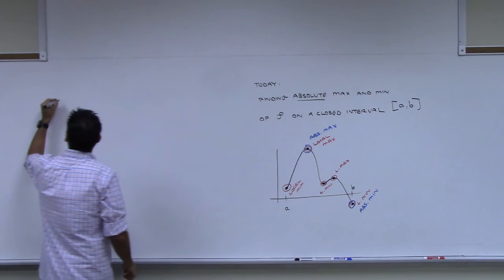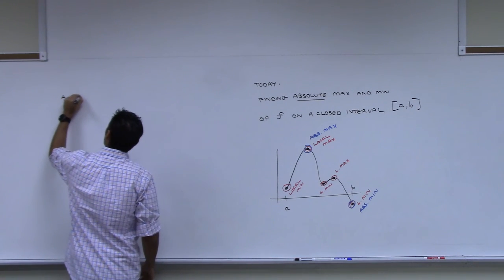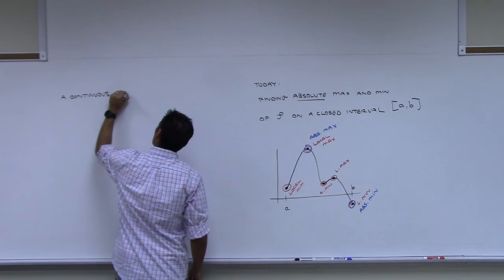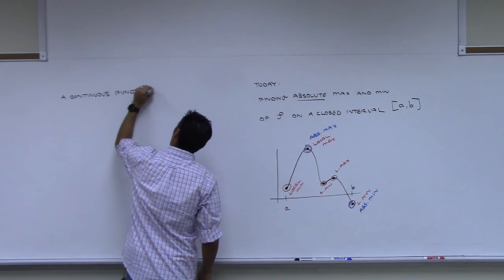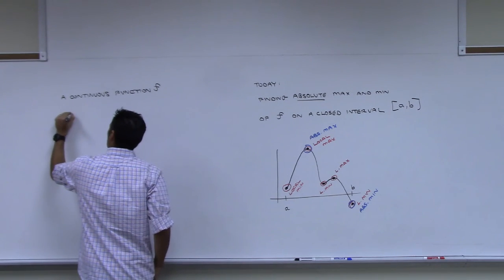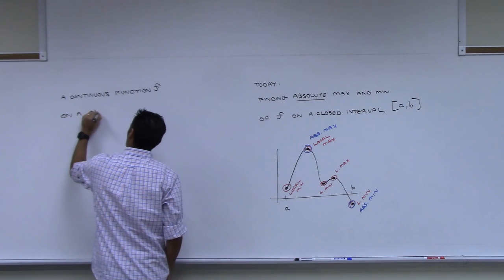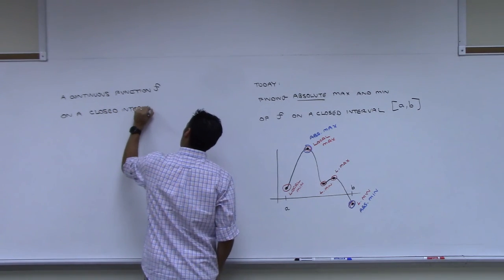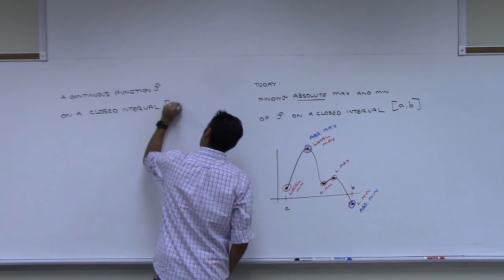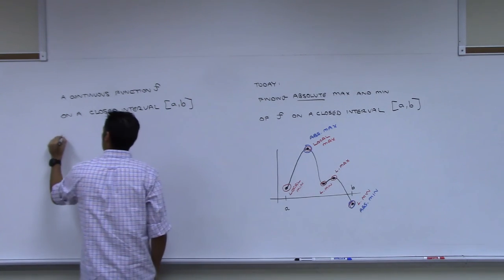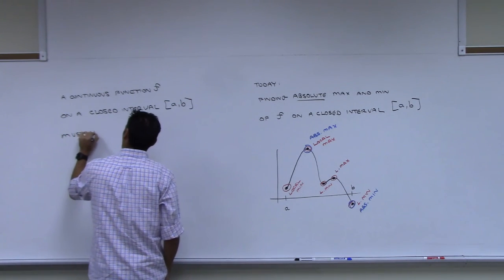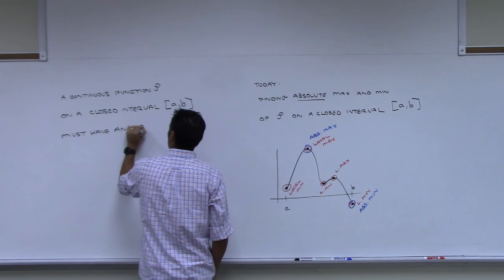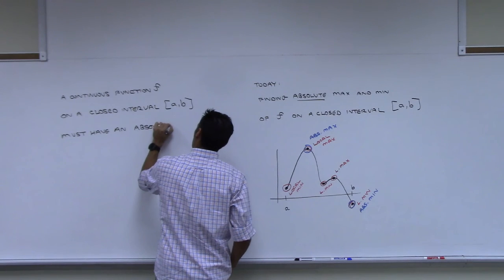Okay. A continuous function f on a closed interval AB must have an absolute max and min.